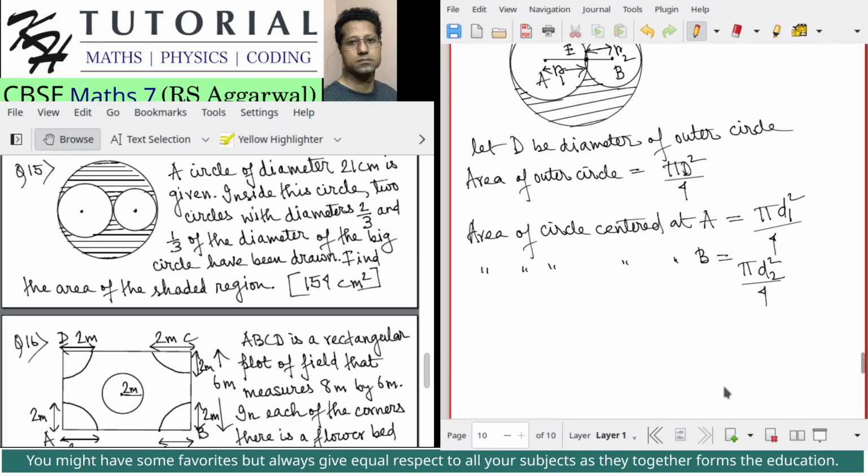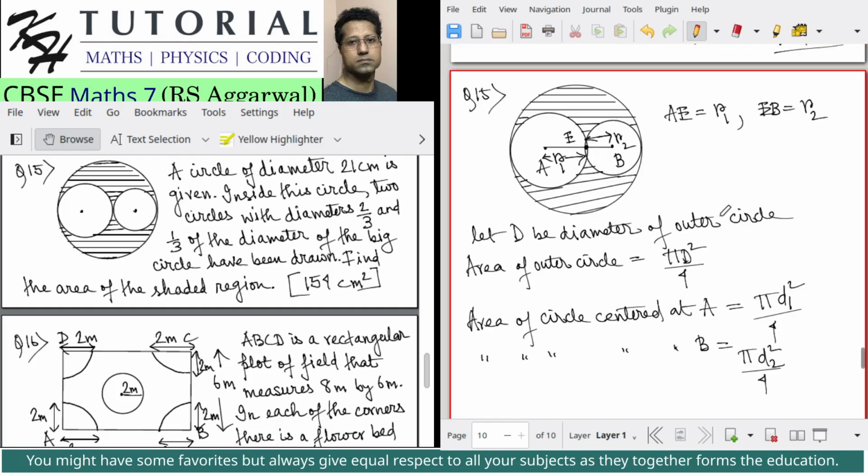We also know that d1 is equal to 2/3 D, and d2 is equal to 1/3 D.